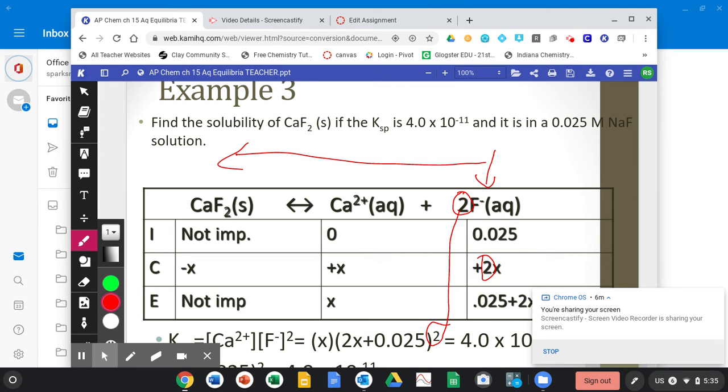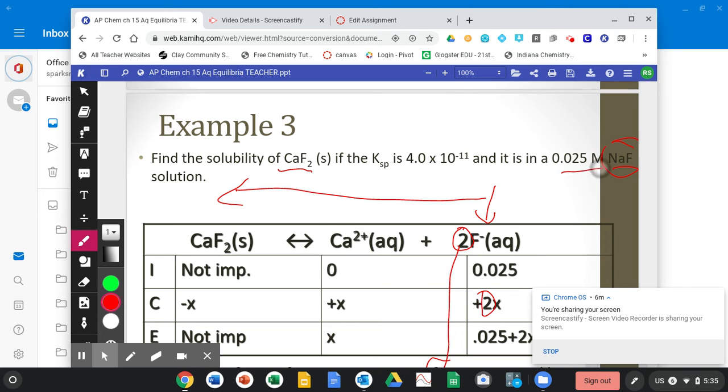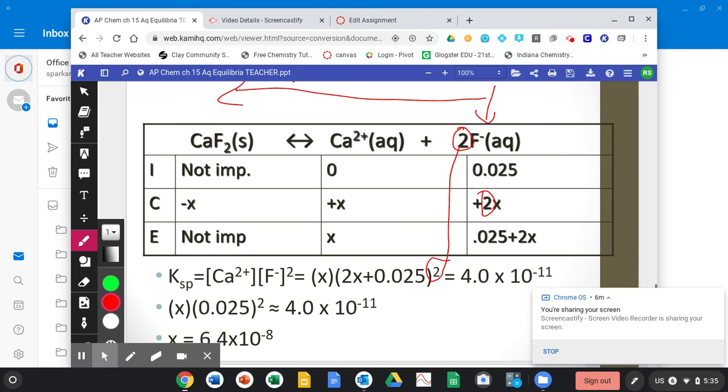This one's asking us to find the solubility if we have 2 salts mixed together. You have this strong, very soluble salt, so all of this is going to go into solution, and this is only slightly soluble with this Ksp value. This is how we would work out this problem.